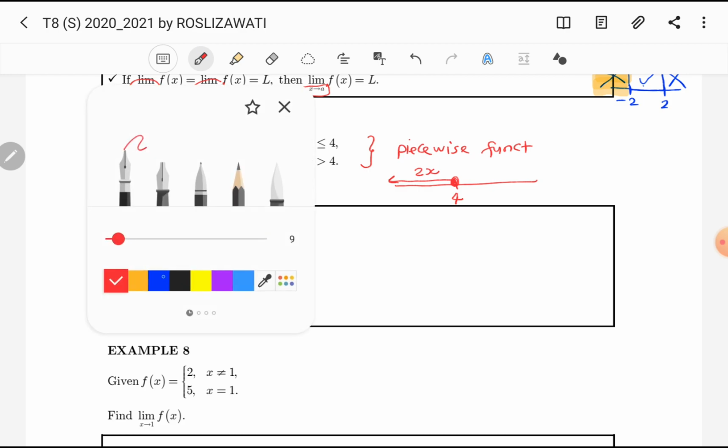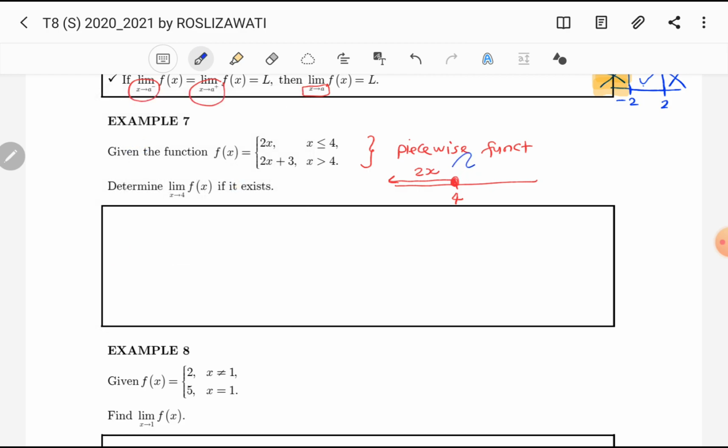And for x more than 4, the function is 2x plus 3. Now we want to determine whether the limit of f(x) as x approaches 4 exists or not.